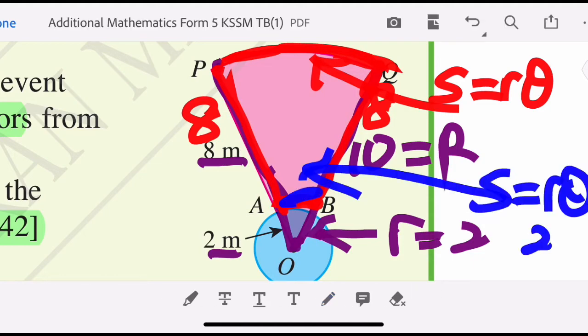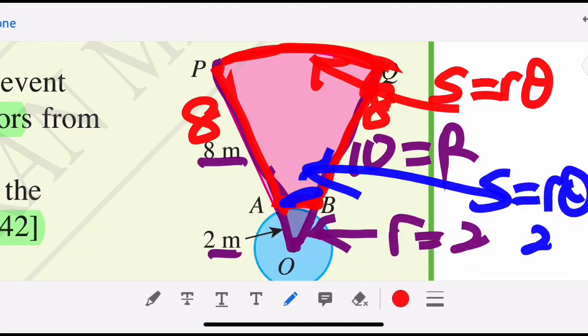So you have to be very clear about the radius.